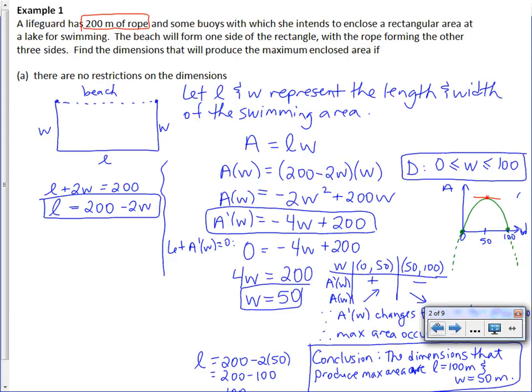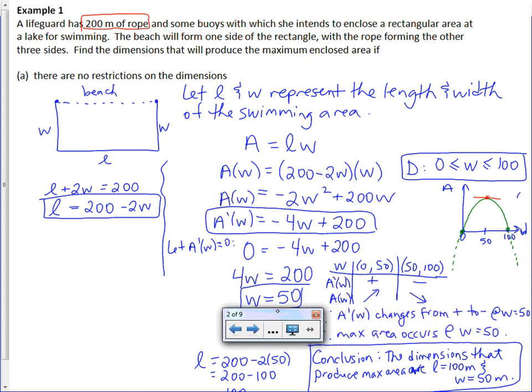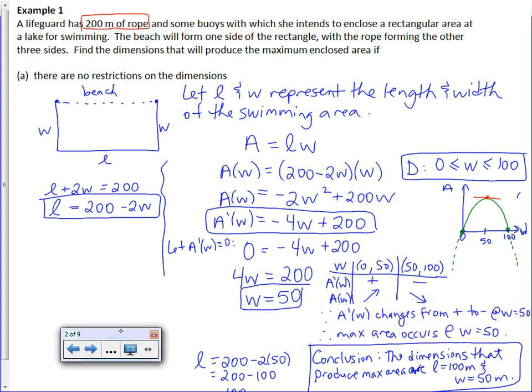So what we found was that the optimal width for the biggest swimming area occurred when W was 50. What has essentially just happened if I say, to be safe, the maximum depth your rope can go is 40? What's just happened to the solution of 50? Now 50 is extraneous.